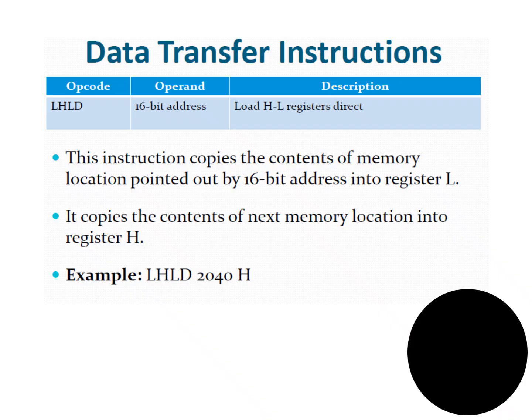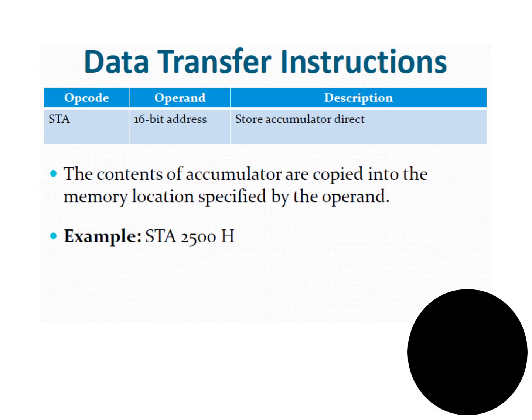In that memory location, the higher-order 8-bit data will be loaded into the H register, so that 16-bit data will be accessed from the two successive memory locations mentioned in the instruction. As a summary, with the help of LHLD, 16-bit data can be accessed. That is the concept of LHLD.